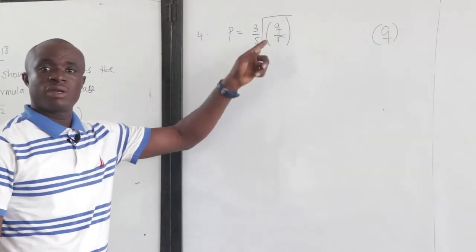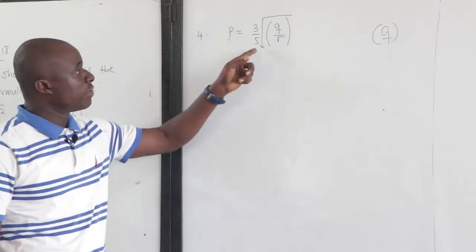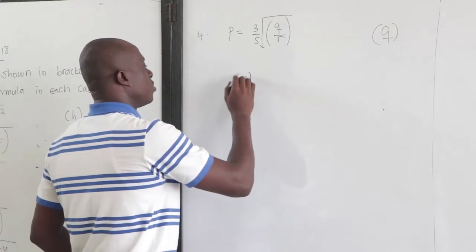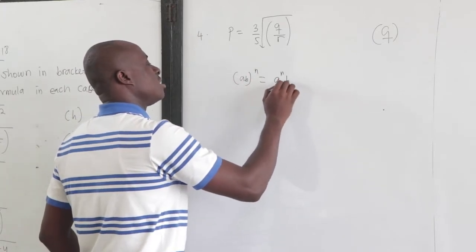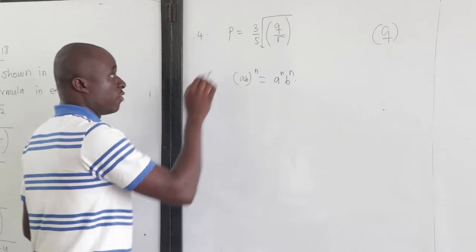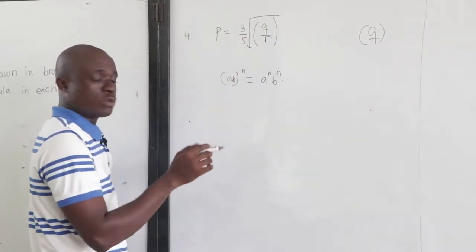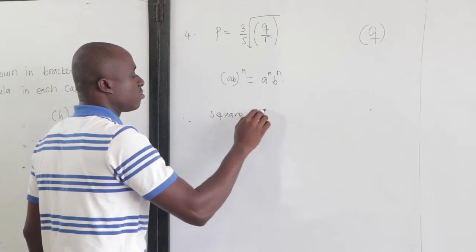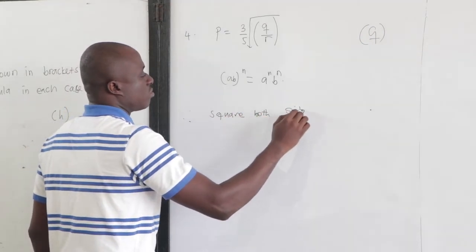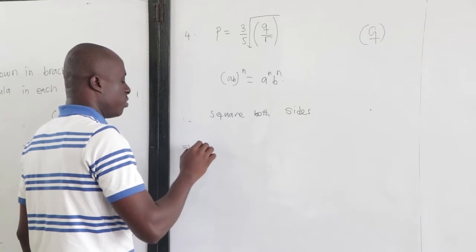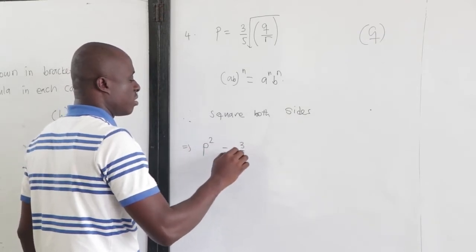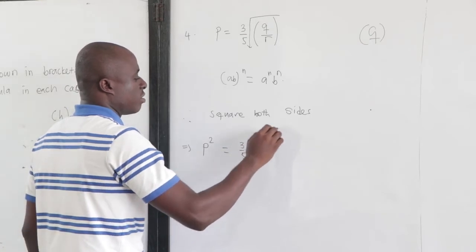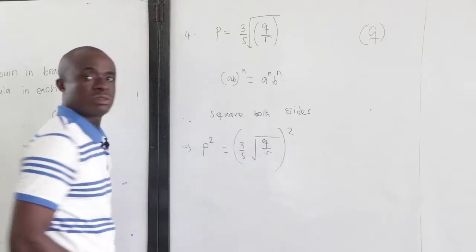In this case, we want to make Q the subject. You can see that the Q is in a radical, and then you have 3 over 5 multiplying the radical. Note, we know that if you have AB all to the power n, this is A^n B^n. Therefore, because it's in the square root, you have to square both sides. So we have p squared equal to 3 over 5 square root of q over r, all squared.